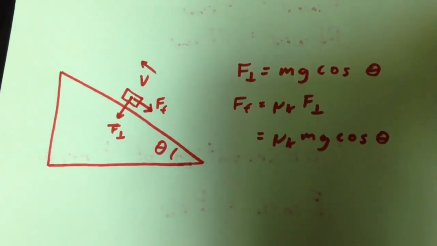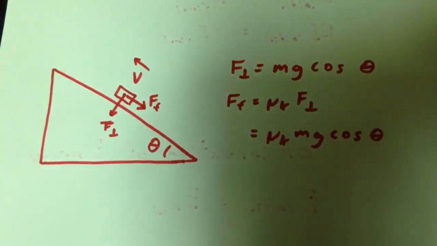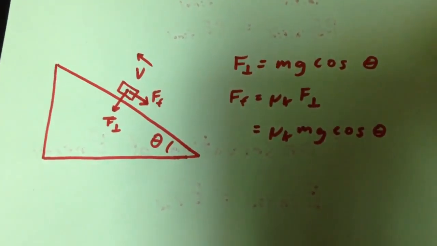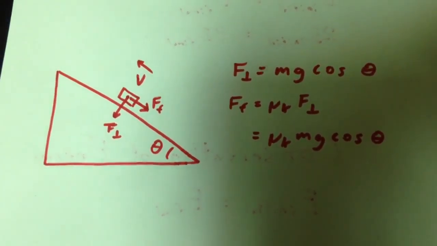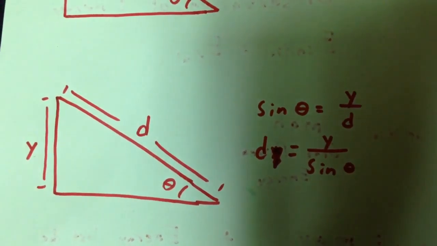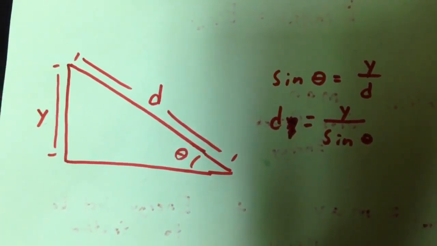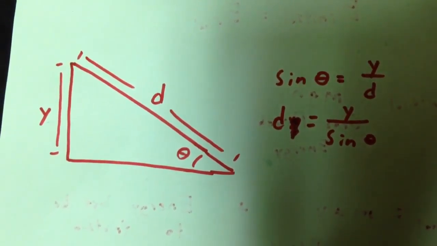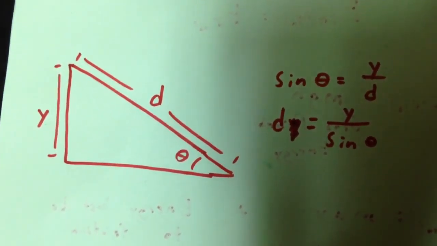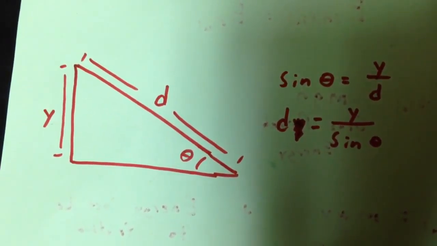We know that friction is equal to μk times the normal force. Therefore, friction is equal to μk mg cosine theta. We know the force of friction, but we don't know the distance across which it is applied. Since work is equal to force times distance, we need to find the distance the block travels up the ramp.